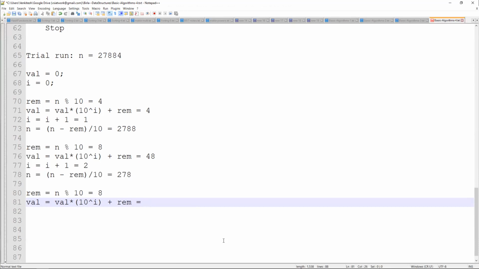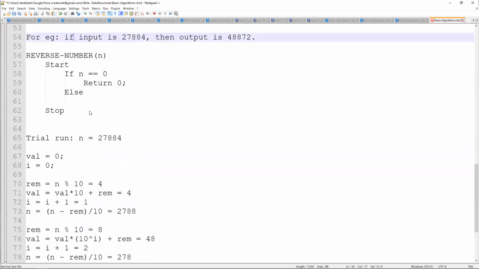100 into value. Oh, sorry. Once again, this is a small mistake. I just need to do into 10. Isn't that right?